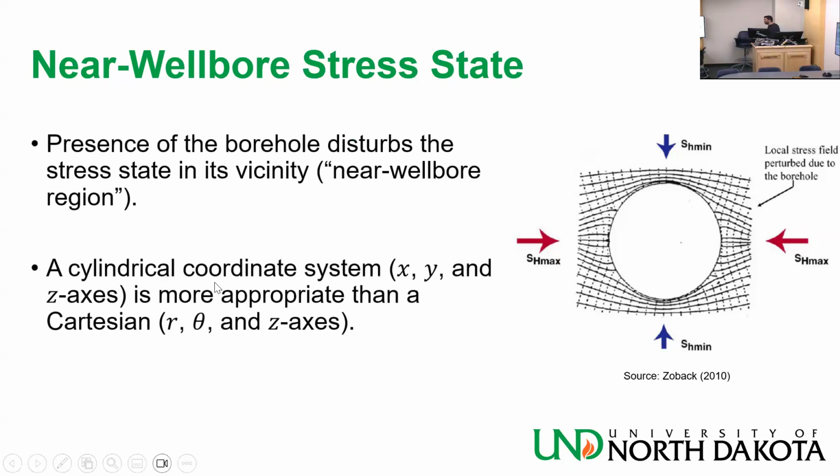Because the shape of the wellbore is cylindrical, it's not a good idea to use a Cartesian system in the near wellbore region. Instead, we use what we call cylindrical polar coordinates. And I have a typo here that I should have fixed: R, theta, and Z should be in place of X, Y, and Z, and X, Y, and Z should replace R, theta, and Z. I will fix that.